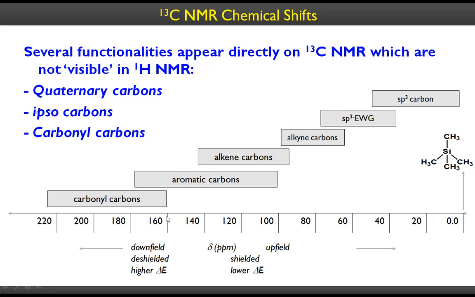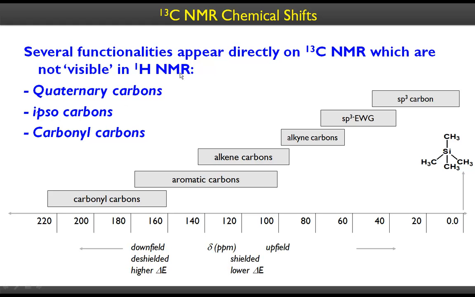If you have carbonyl compounds, you can expect the peaks anywhere from 160 to 220, and depending upon the type of carbonyl, you have different areas. This is just a rough classification of the functional groups and their appearance in carbon-13 NMR. Then you have to go specifically into carbonyl compounds and see what type of carbonyl compound it is.